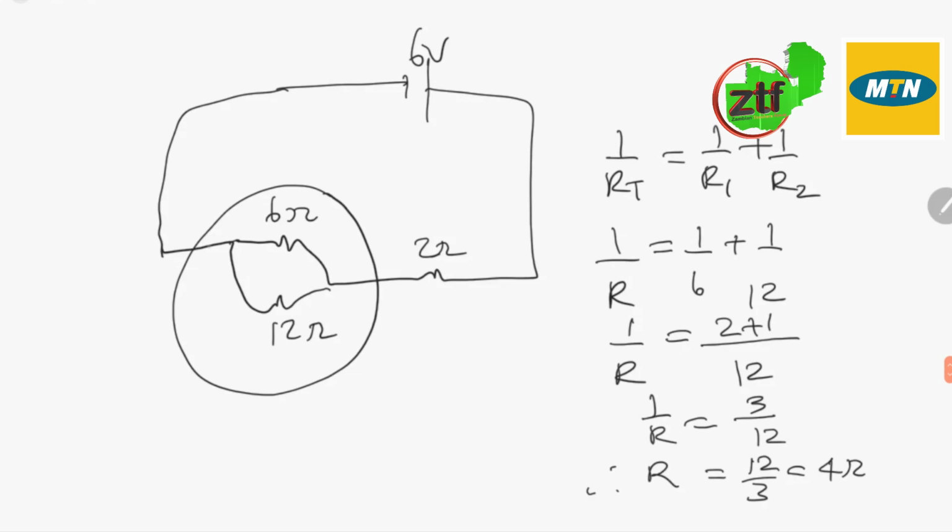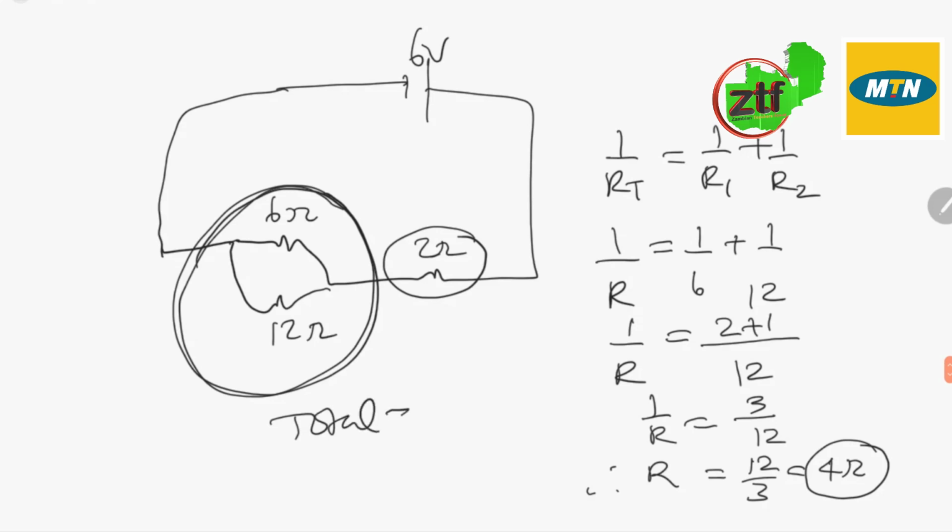If we removed these two resistors, we would replace them by one 4 ohm resistor, which will be in series with this 2 ohm resistor. So then we can say that the total resistance becomes 6 ohms, coming from 4 plus 2.